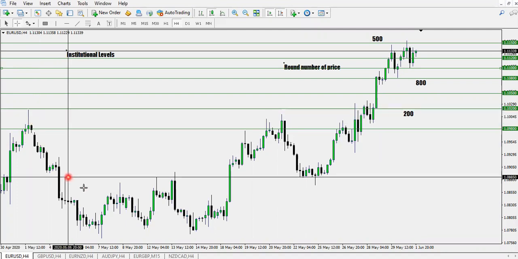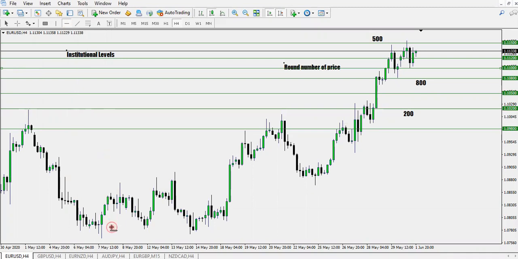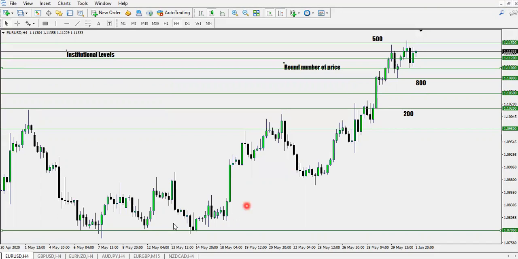Price then continued down. And where did it continue down to? If we look over here and we round it off, this is our 800 level of price right there. Price bounced off of an 800 level. So here is an 800 level.